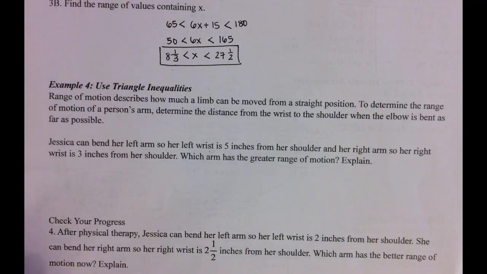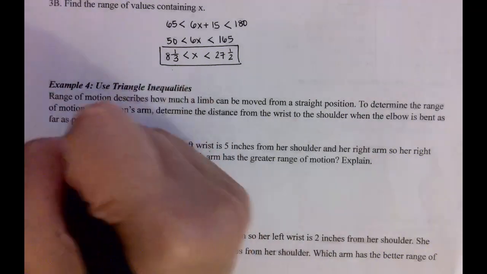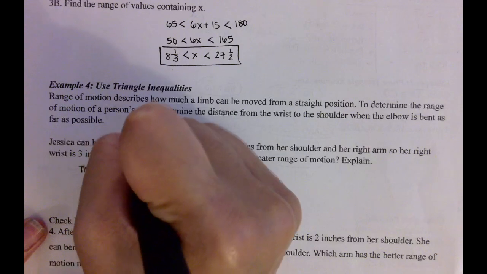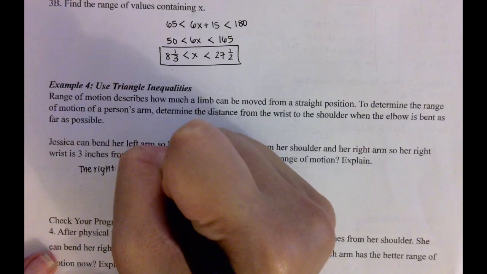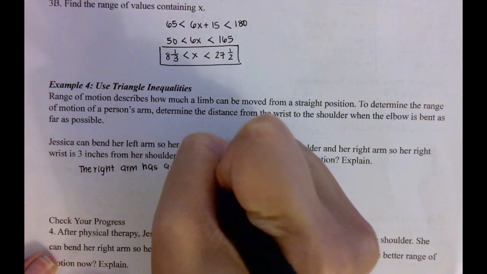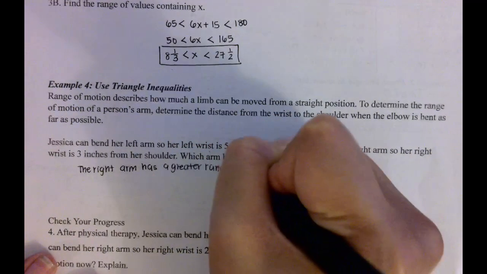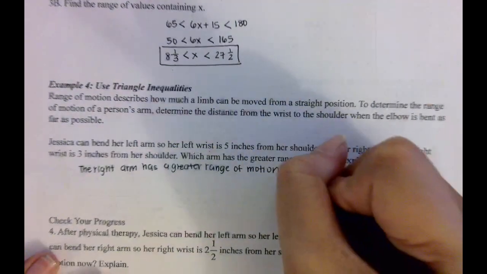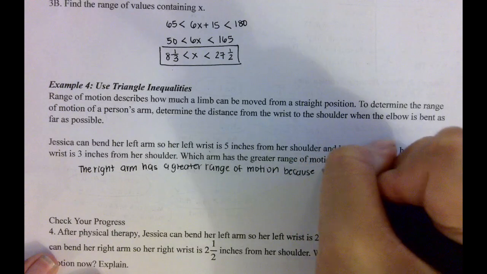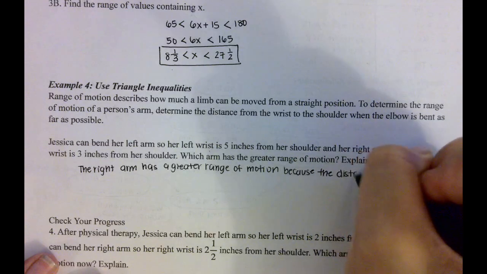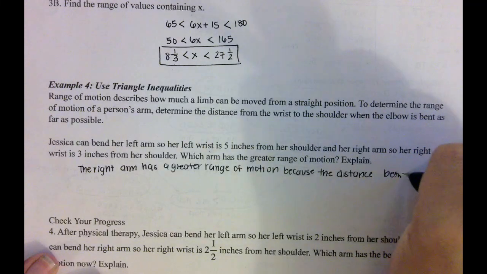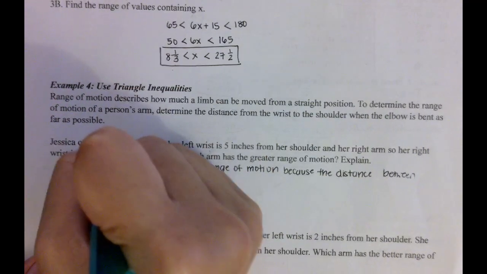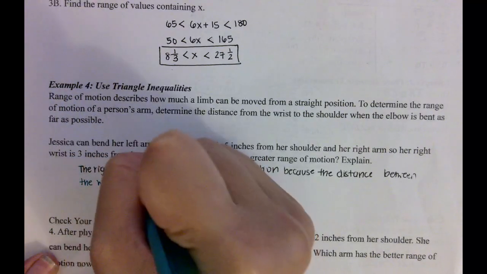So what we know then is that the right arm has a greater range of motion, because the distance between the wrist and shoulder is smaller on the right arm.